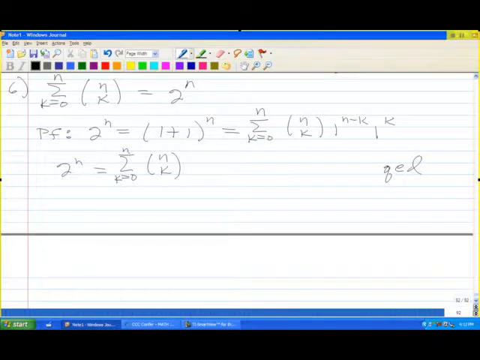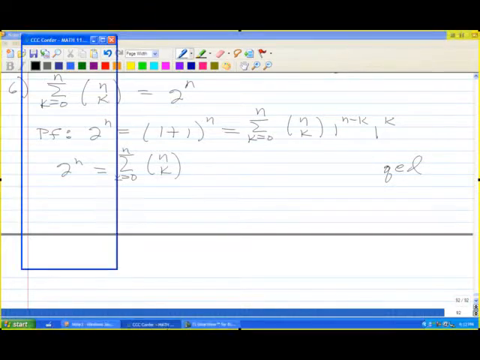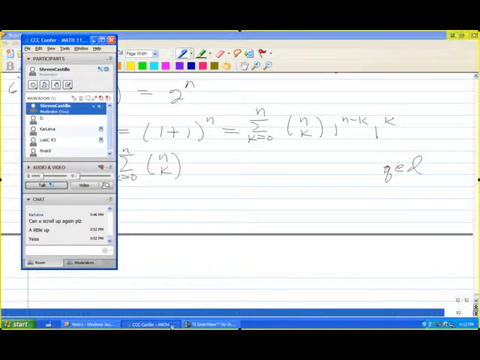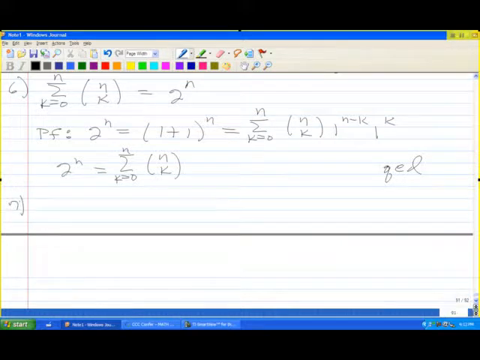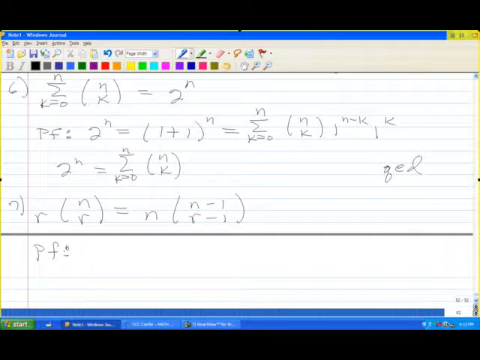Let's do some of the absorption properties. r times nCr is equal to n minus 1 C r minus 1. So let's show that.